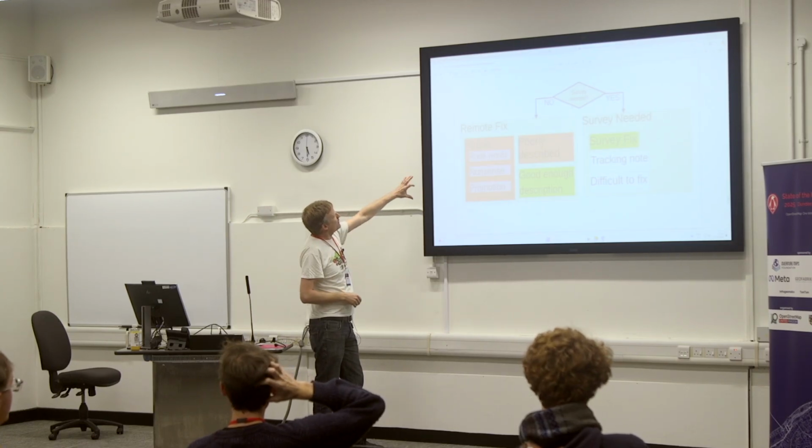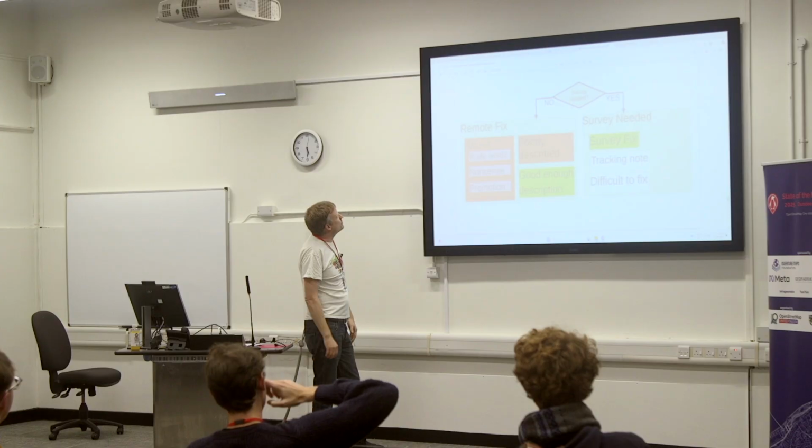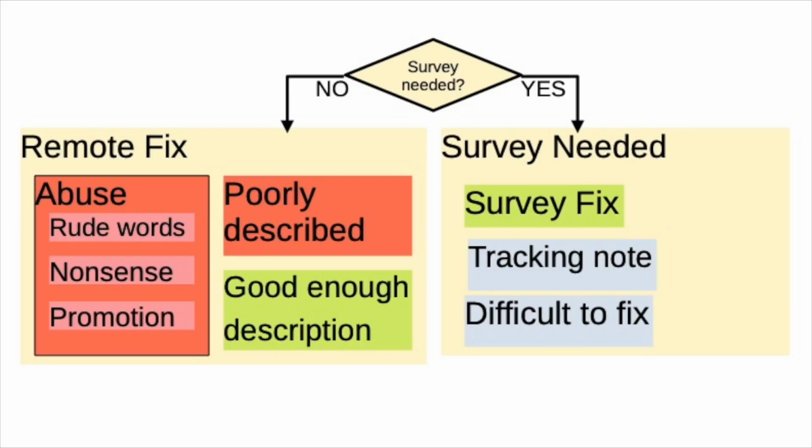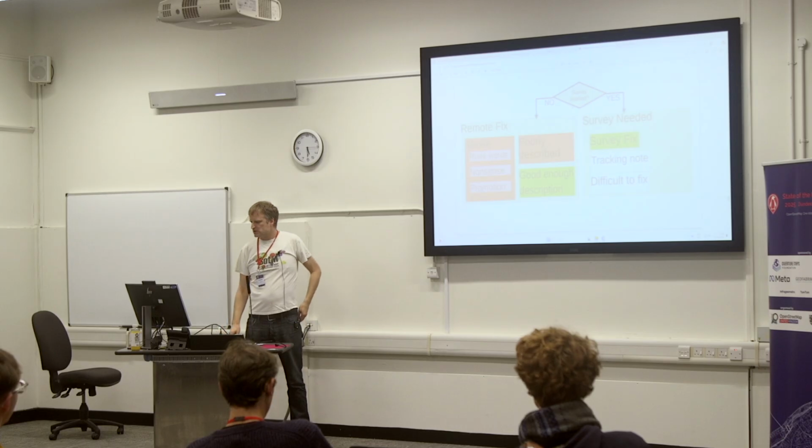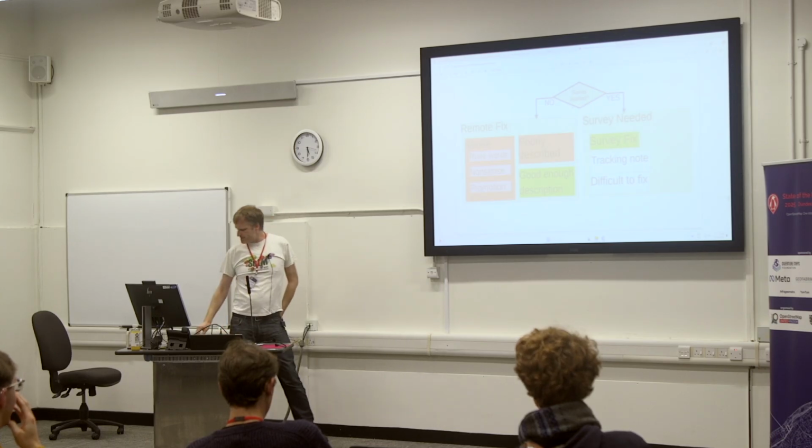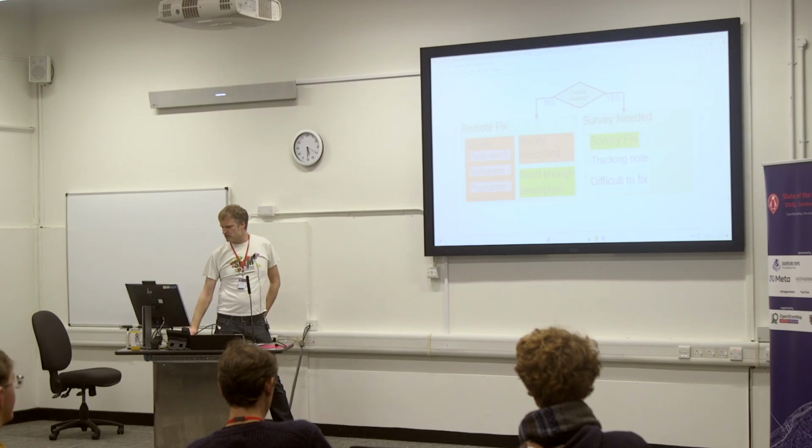But generally you get these kind of bits of abuse. And then it's a question of whether something's poorly described or really well described. So I showed the example of something that's a big sentence, so you can see exactly what's wrong and you can make a fix. And I feel like actually it's not quite as clear cut as this.